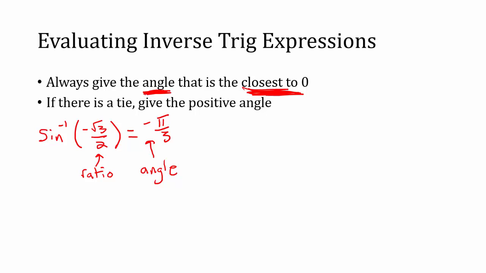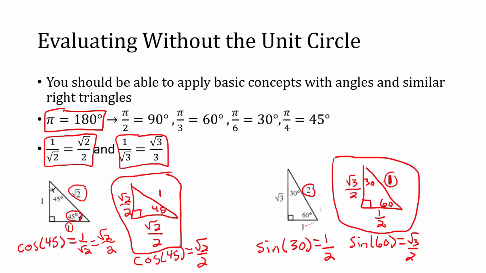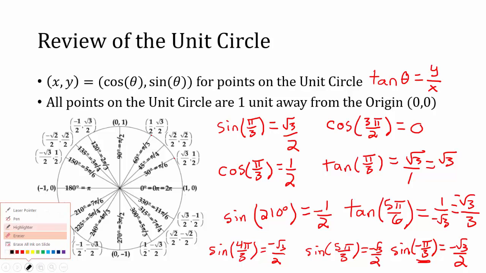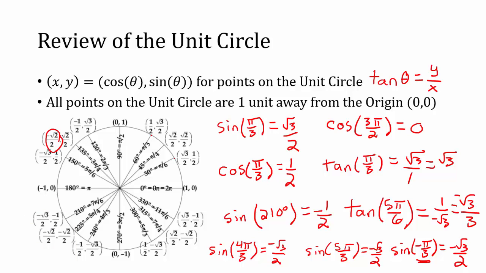So let's look at an example where there might be a tie. Like, what's the cosine inverse of negative root 2 over 2? Okay, so if I look back at the unit circle, I'm looking for a cosine value of negative root 2 over 2. So that would be here or here.